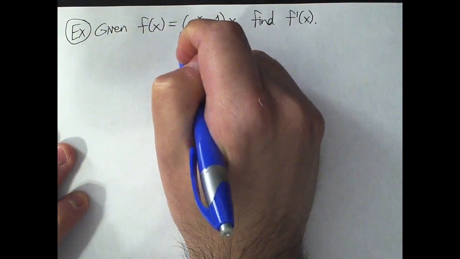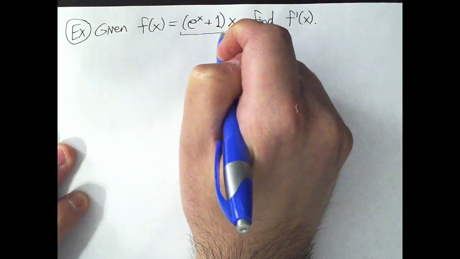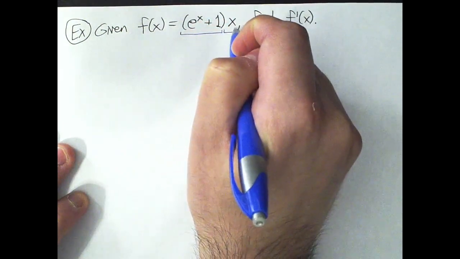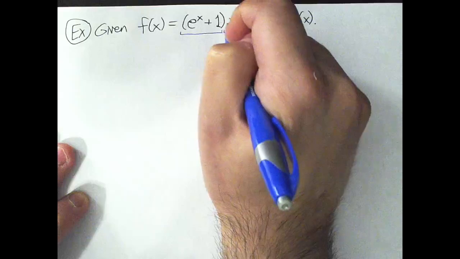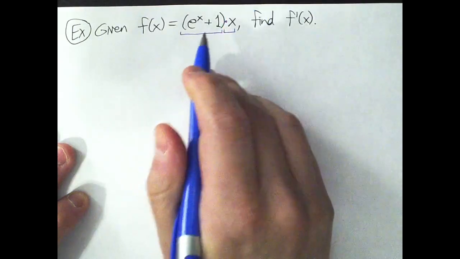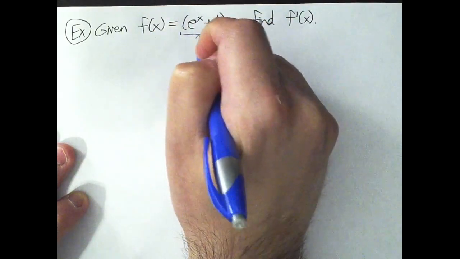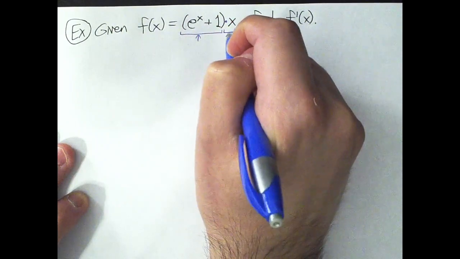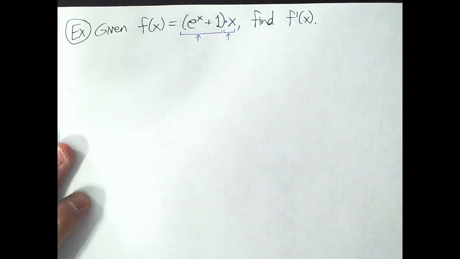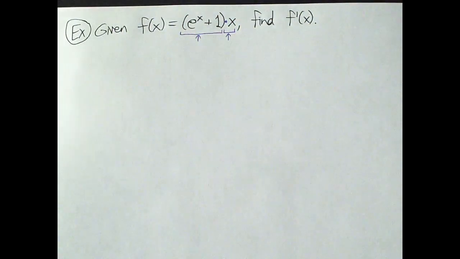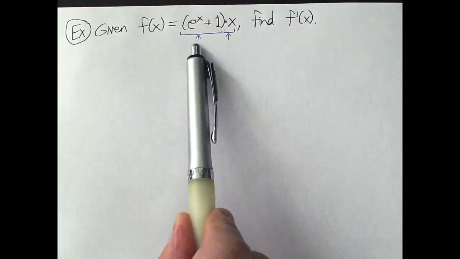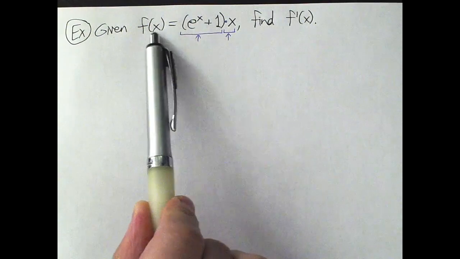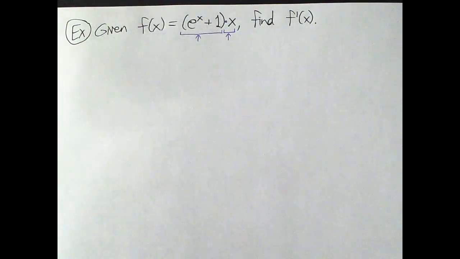It's still something that I identify as a product rule problem because it does have one piece times another. There's kind of a function here and a function here. Do we want to call them f and g? Well, if I call them f and g, then it gets a little confusing because if you call this first piece f, the whole thing is supposed to be called f.